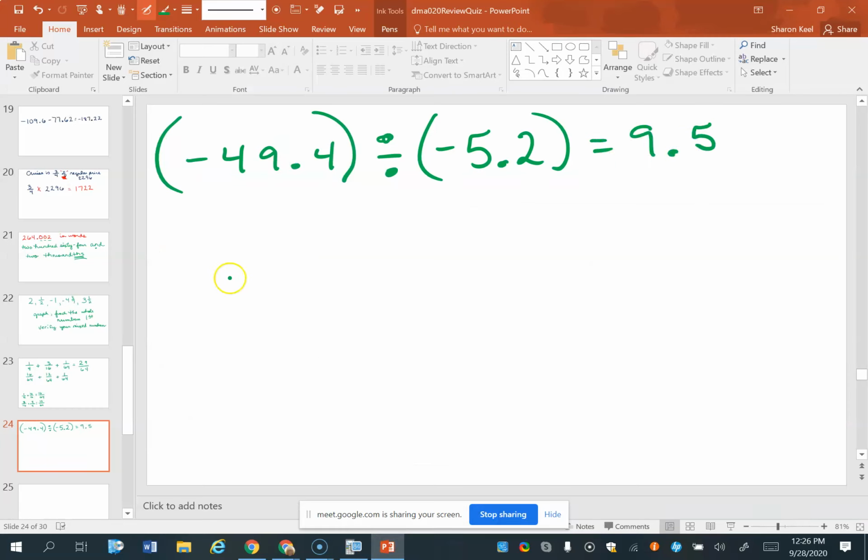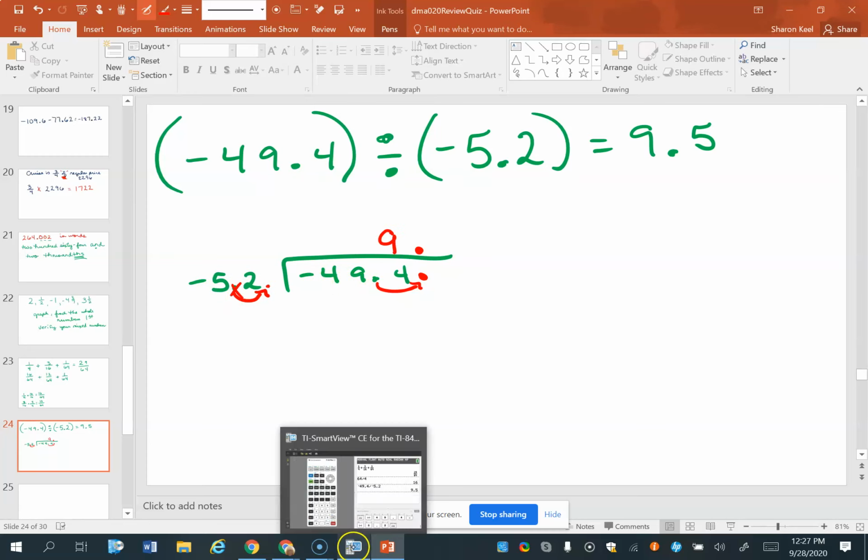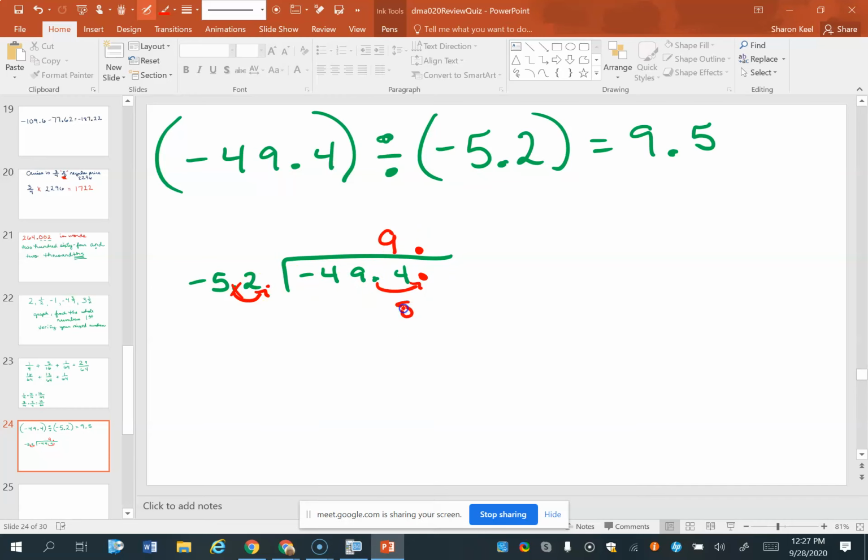If we were doing this longhand, we'd have negative 5.2 to negative 49 4/10. Remember, when we're doing this longhand, we want these to be whole numbers, so we would have to move our decimal one place to the right. Okay? So then when I take 52, it does not go into 49, but it goes into 494 9 times. 9 times 2 is 18. 9 times 5 is 45, plus 1 is 46.